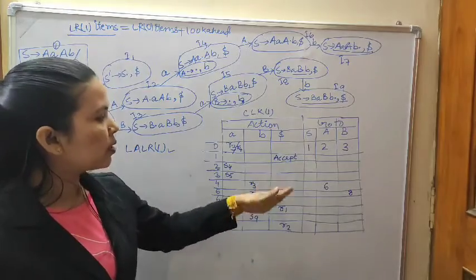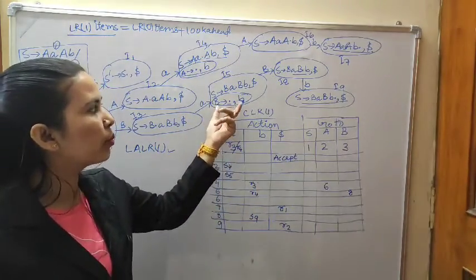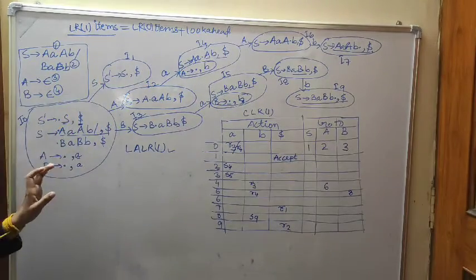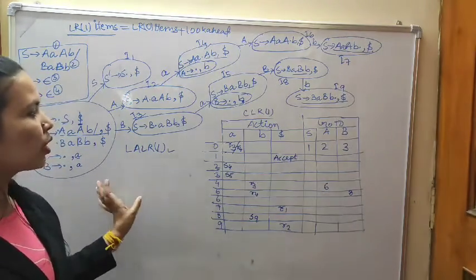Shift part is everything the same, the reduced part may be different because of the look ahead, because we are merging the final items. Okay, so this is the LR1 items. Whenever we see a question, you can easily understand.